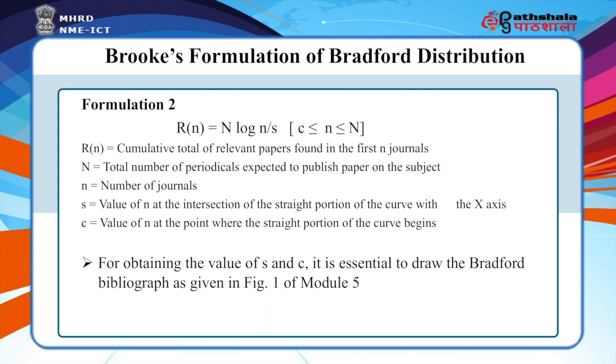Rn is the cumulative total of relevant papers found in the first n journals. Capital N is the total number of periodicals expected to publish papers on the subject. Small n is the number of journals. S is the value of n at the intersection of the straight portion of the curve with the x-axis. And C is the value of n at the point where the straight portion of the curve begins.